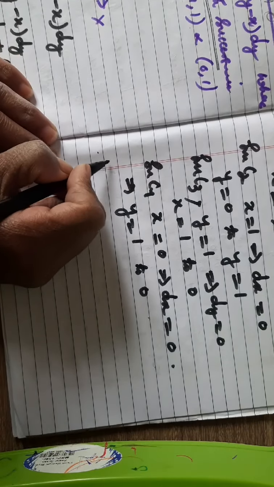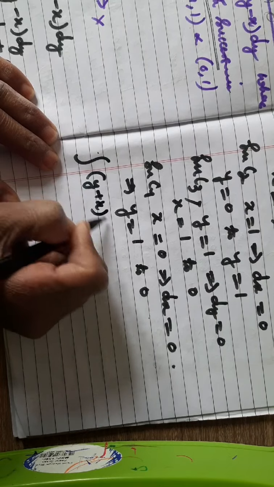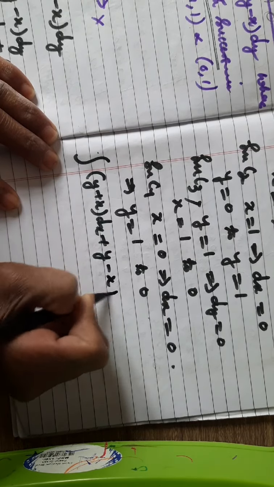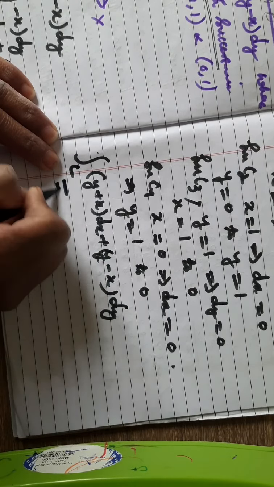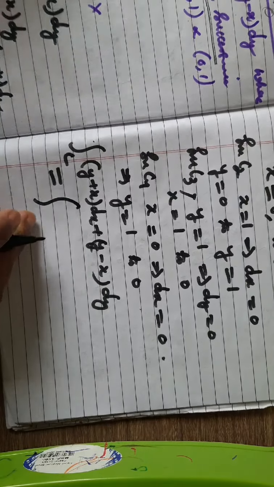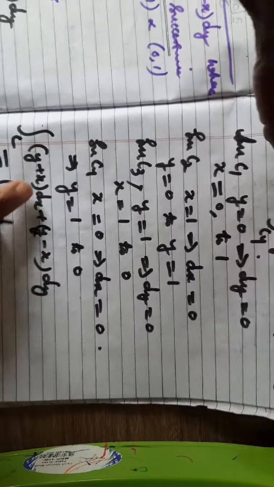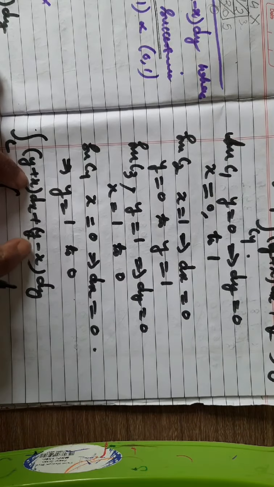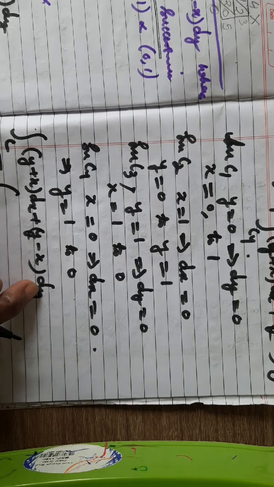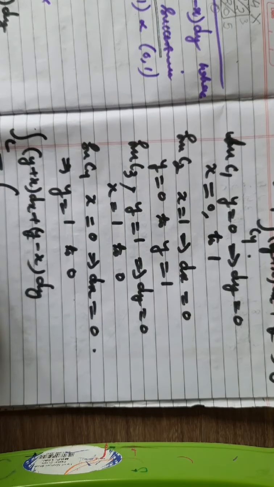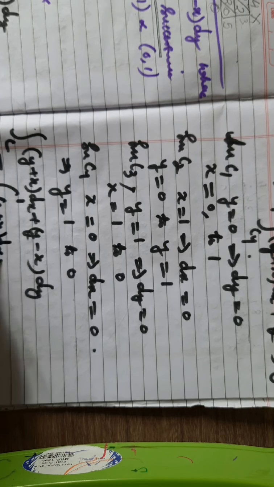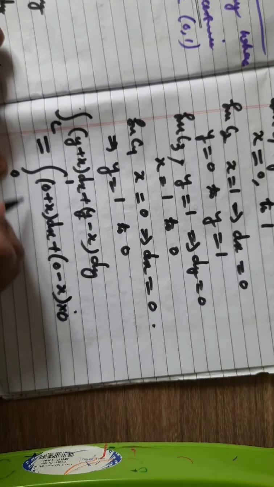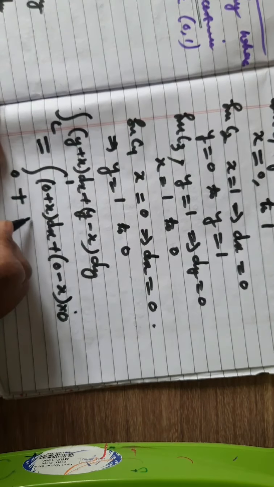So therefore, the line integral (y + x) dx + (y - x) dy over C becomes what now? Over C1, y is fixed, y is equal to 0. So you replace y by 0, and dy also by 0. So along C1, x varies from 0 to 1. Then it will be (0 + x) dx + (0 - x) times 0 because dy is 0, plus along C2.